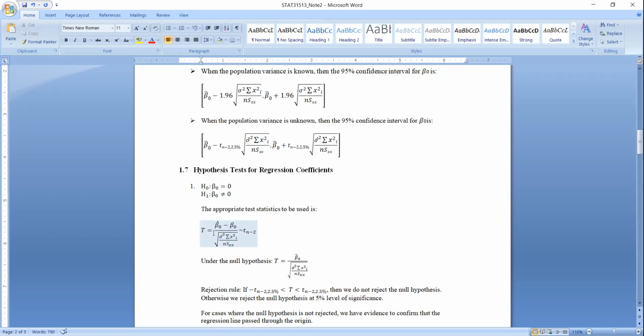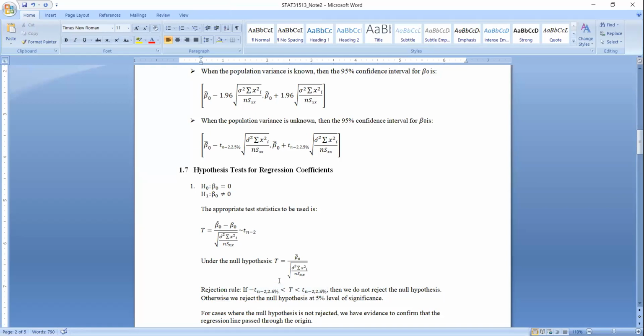So we substitute all the values into the test statistic, and then we check the table values. Since this is coming from the t distribution, the two table values would be minus t n minus 2, 2.5%, and the positive of the same value, since the t distribution is symmetric.